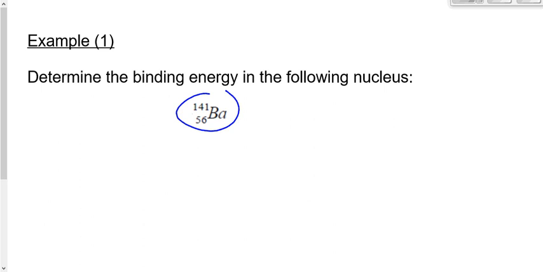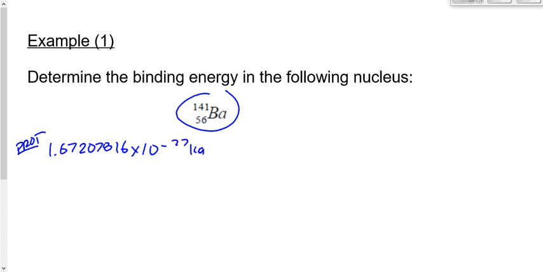The mass of a proton on your data sheet is 1.67, but we need a higher degree of precision for these questions: 1.67207816 times 10 to the minus 27 kilograms.